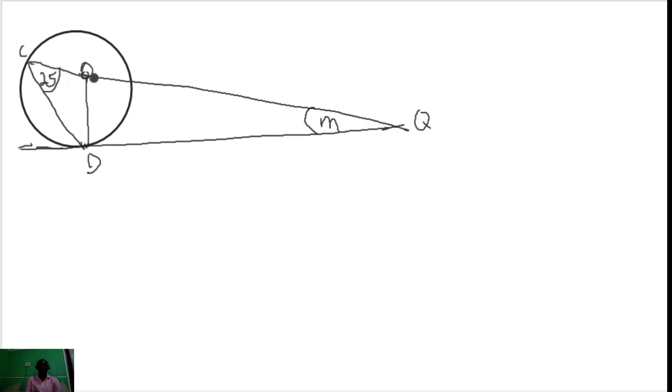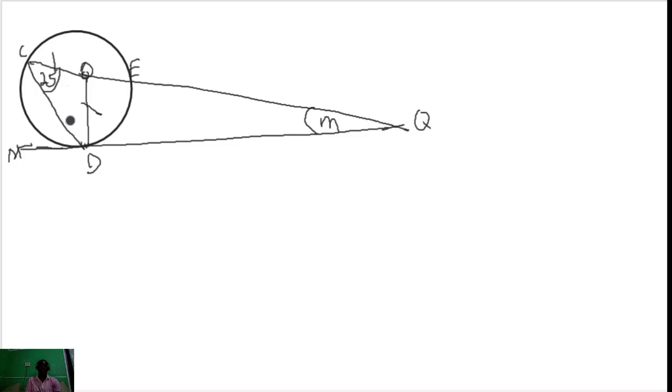Okay, let's do this question too. You can see that the Q, let's call here M, it's a tangent, and the angle here is 25. This is the center. So from C to this, let's name here E, is the diameter. Therefore, any line drawn from the center to the circumference will be a radius. So if this is a radius, then this side will be equal to that.